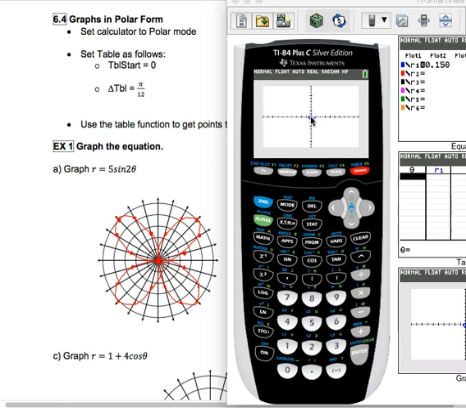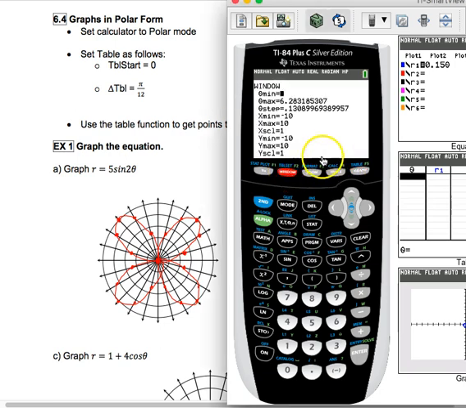So that means that these particular values of theta that we currently have only produce a little bit of the graph that we actually want. So I'm going to go into the window here. And right now we've got the default theta min and theta max, which are from 0 up to 2 pi. So clearly that's not quite getting it done.